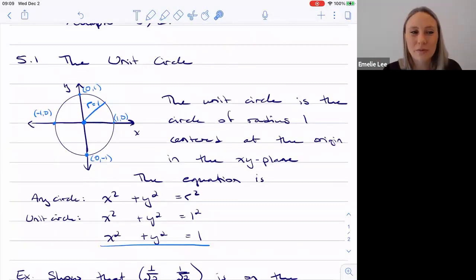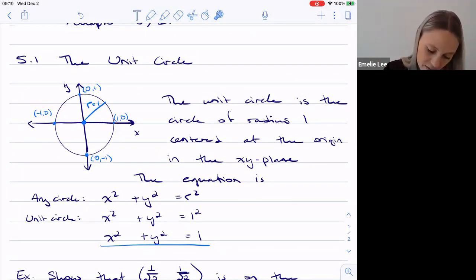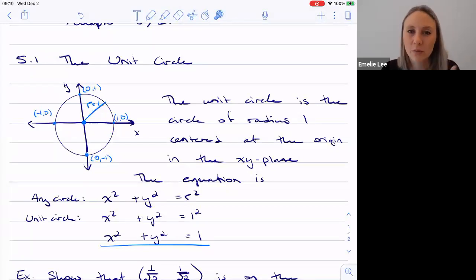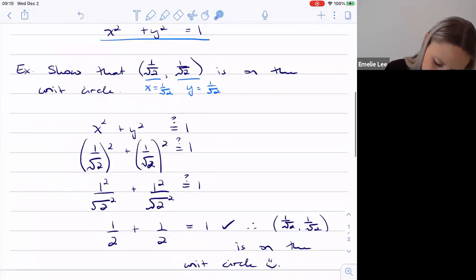And 1 over root 2 is one of those. We already know 4 of these stopping points, right? Just knowing that it's a unit circle, so the radius is 1. Whenever it's parallel or perpendicular to the x-axis, then we know the point: 1, 0, 0, 1, depending on where you are on the circle.